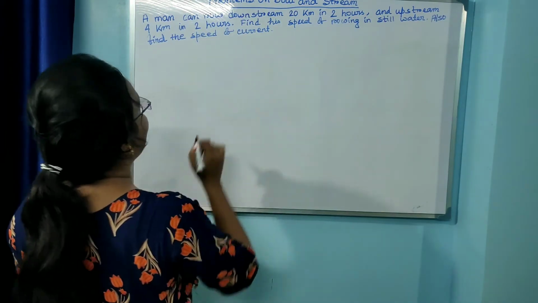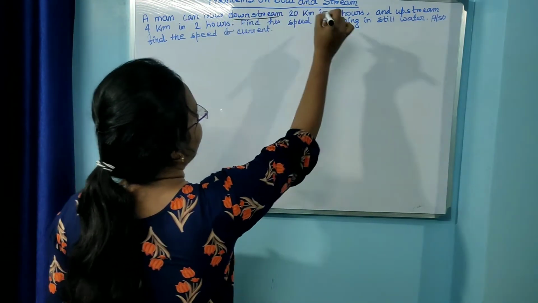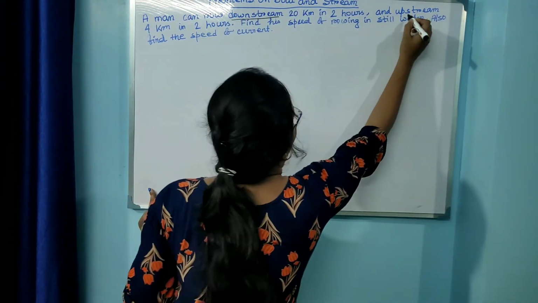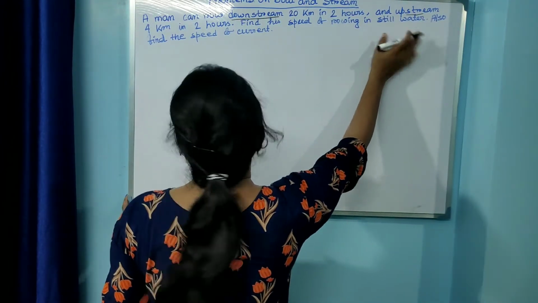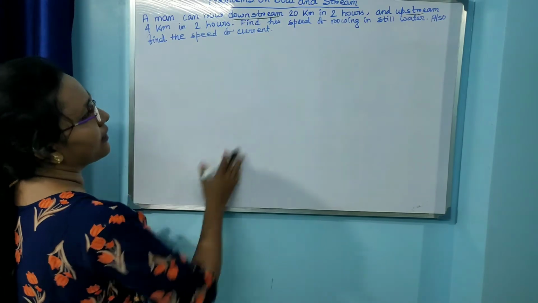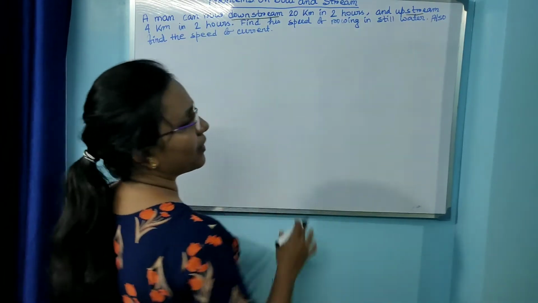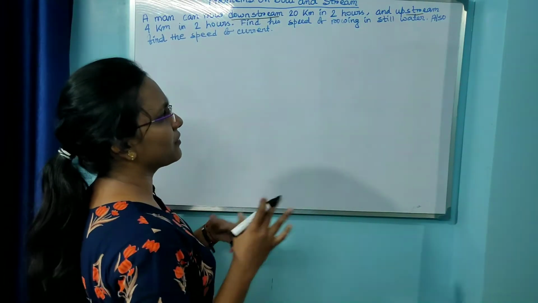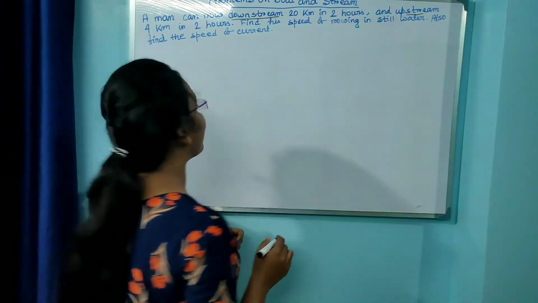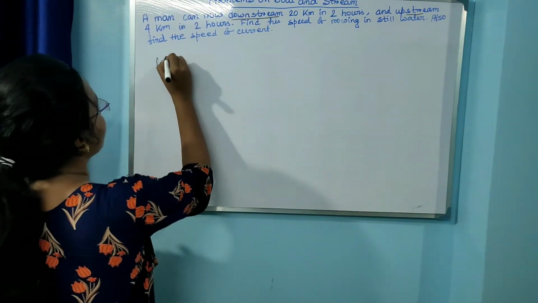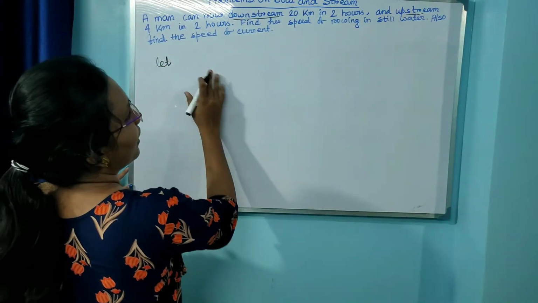See, a man can row downstream a given distance in a given time, and it is given for upstream as well. We have to find his speed of rowing in still water and also find the speed of the current. So you can compare rowing in still water as equivalent to boat speed, and current as also the stream. Okay. So at first we have to assume.